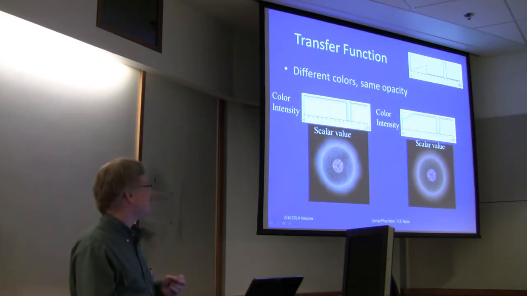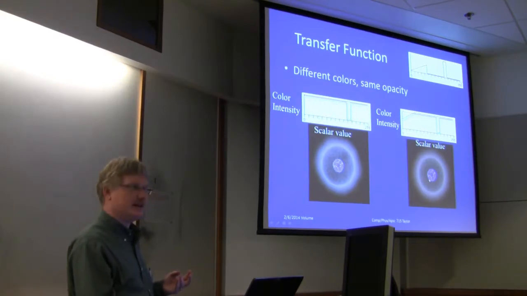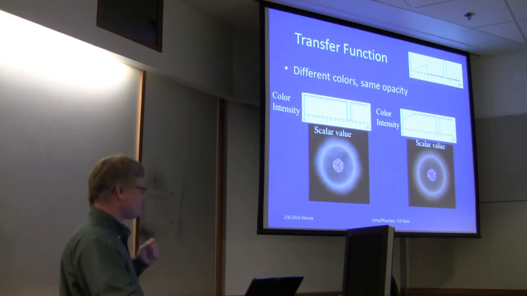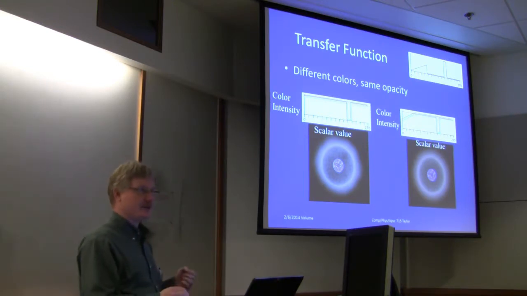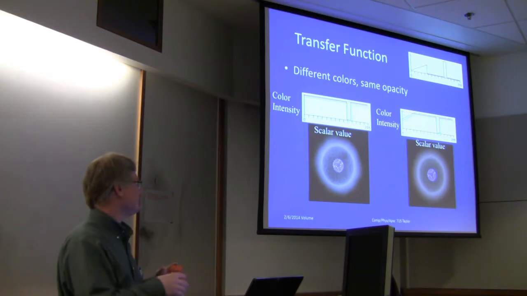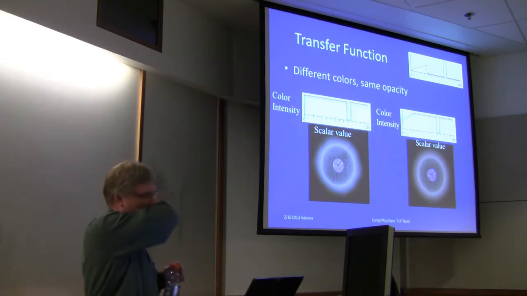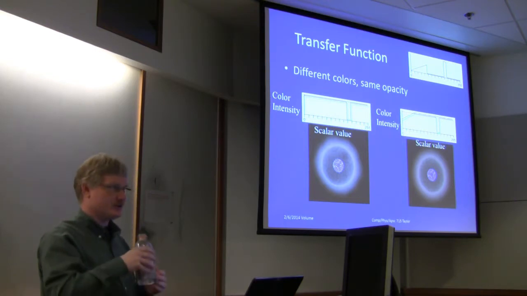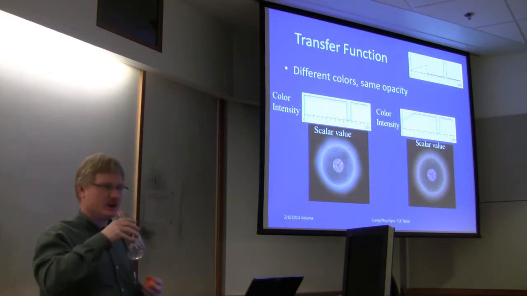So here we've got the same blue thing, but we've got a fall off of red and green around the outside. And so here we kind of get a pinkish glow around the boundary and a blue thing inside. And so you can separate how hard it is to see through something from what color that something is. And you've got a very high dimensional choice here, right? You have like 256 values for each of those. You can arbitrarily choose them.